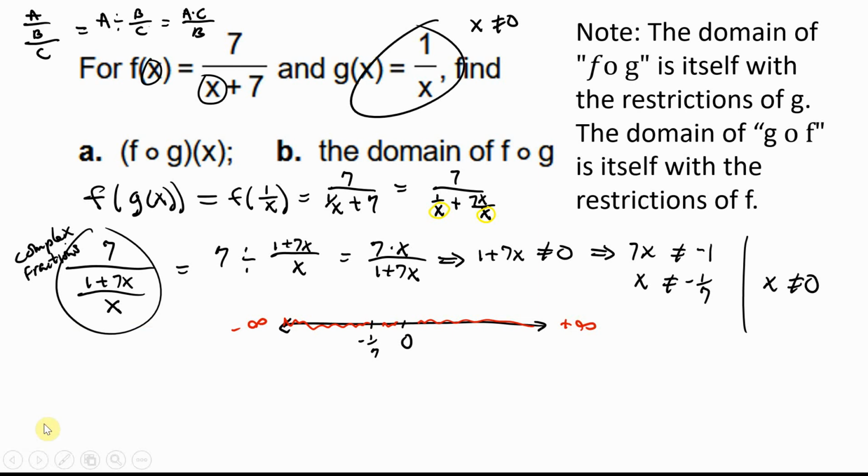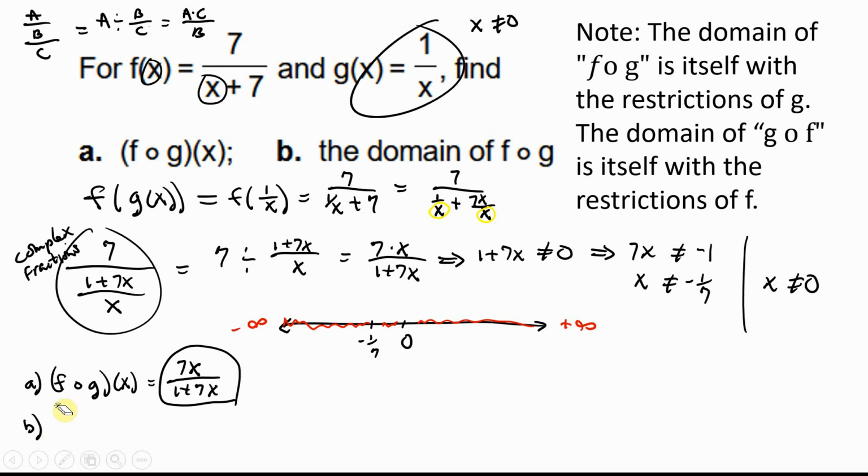So f composed with g, let's write that out. Make sure we get that correct. f composed with g evaluated at x. We got that to be 7x all over 1 plus 7x. And then its domain.